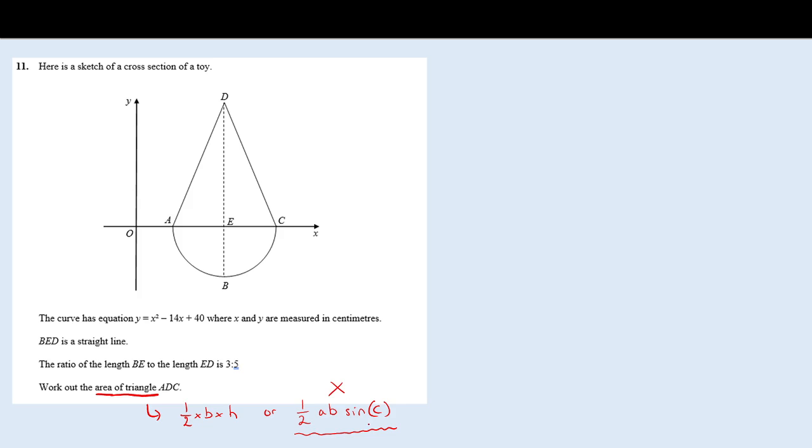Probably not. So I'm looking for half base times height. So I'm looking to know how wide this is, and I'm looking to know how tall this is.